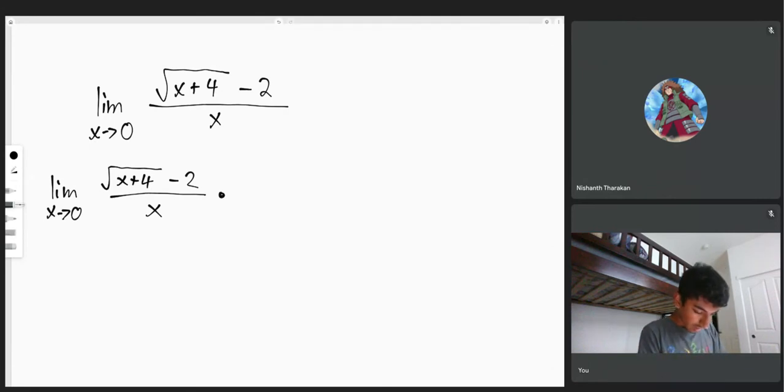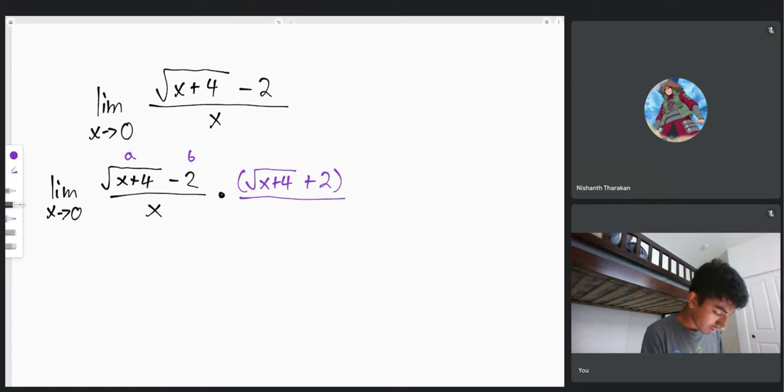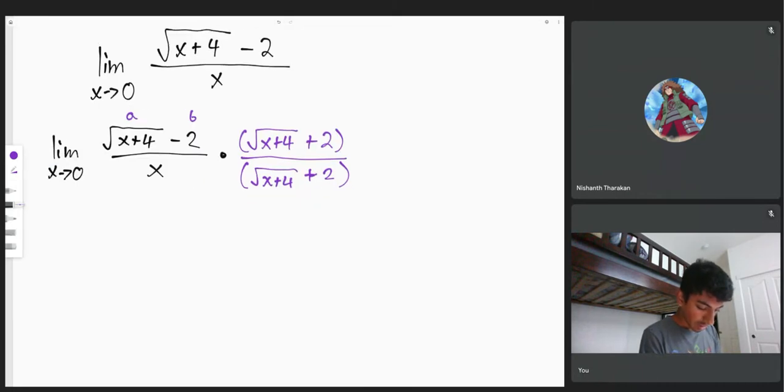So we can take the square root of x plus 4 as a, and minus 2 will be b. So we'll multiply the numerator and the denominator by root x plus 4 plus 2 instead of minus 2. Back to the original color.